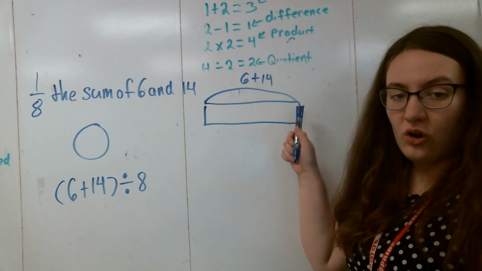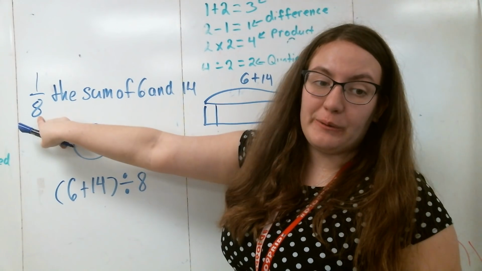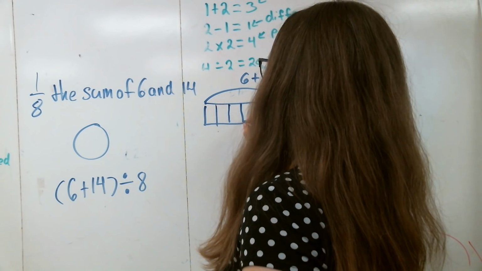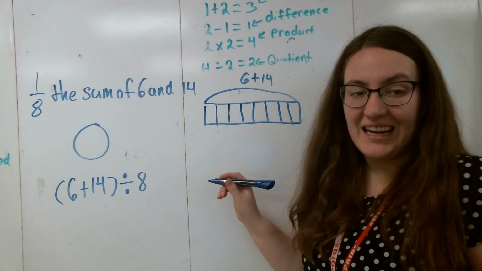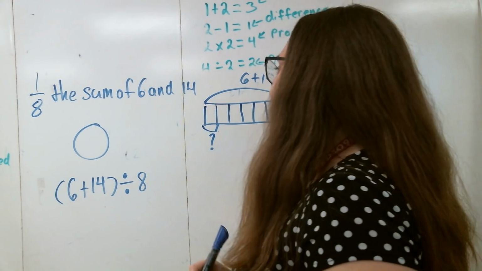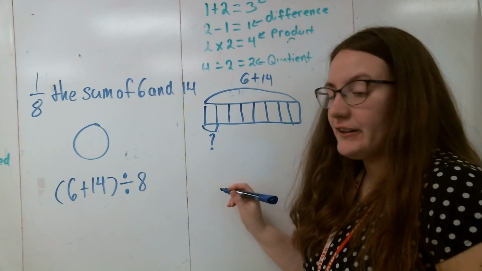So I know that my whole is 6 plus 14. And I know that my tape diagram should be split into 8s because I have a denominator of 8 right there. So I have 2, 3, 4, 5, 6, 7. And I've split everything into 8s. And I'm just trying to find this 1/8. So we're going to stop that there. So that is like the tape diagram for this one.